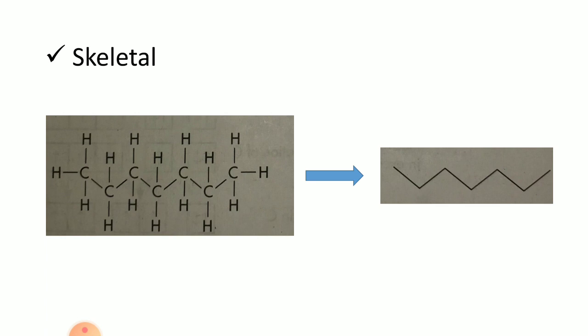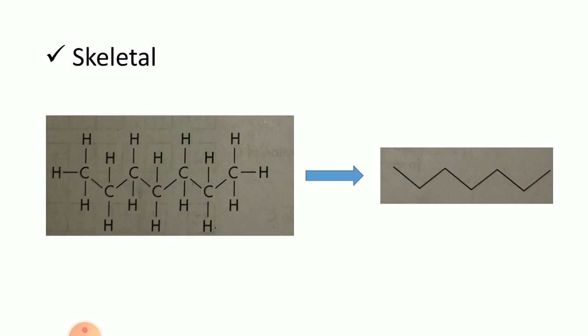Let us consider this example, heptane. We have 7 carbon atoms which are bonded to 16 hydrogen atoms. So its skeletal formula is this zigzag.